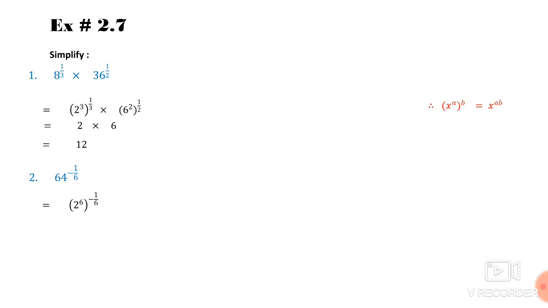Okay, here we find the factors of 64. Factors of 64 are 2 exponent 6. Again, by applying the rule, we can multiply 6 with minus 1/6. We will be left with only 2 exponent minus 1. Now we will convert this negative exponent to a positive exponent, which is equal to 1/2.